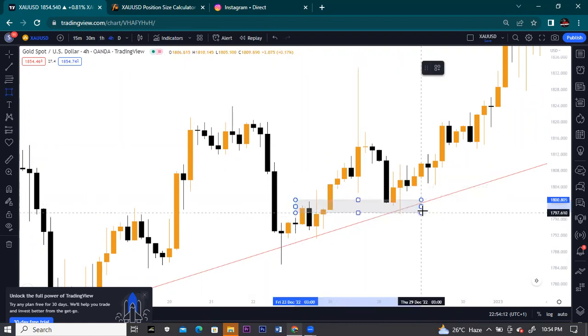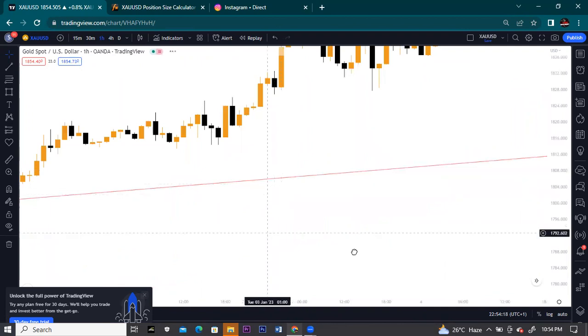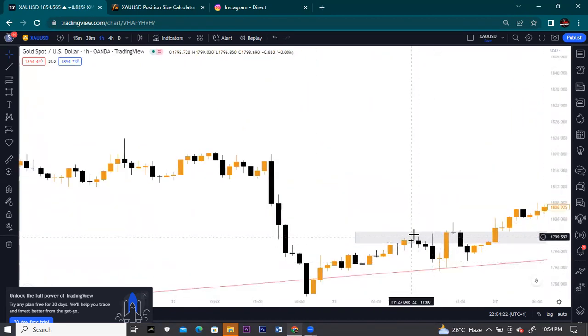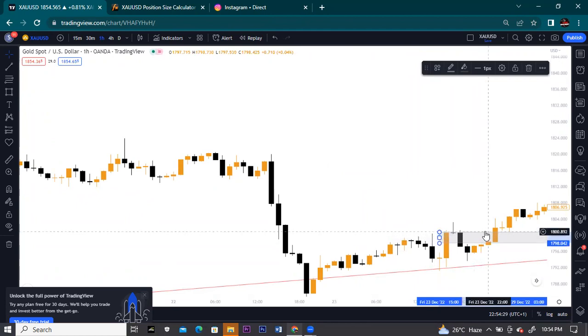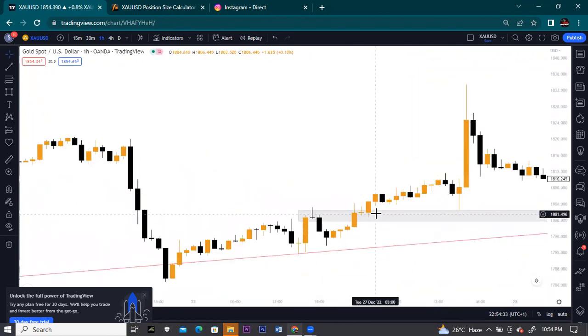So I want to explain that neckline concept here. If you go down to the 1 hour time frame at that level, you see the retracements here, a push to the upside. So this point here is a neckline. This point here is a neckline. Most people only trade once the market comes back to break this neckline.